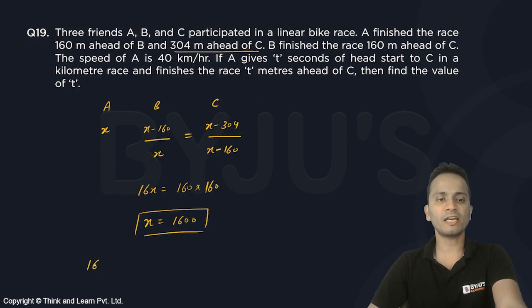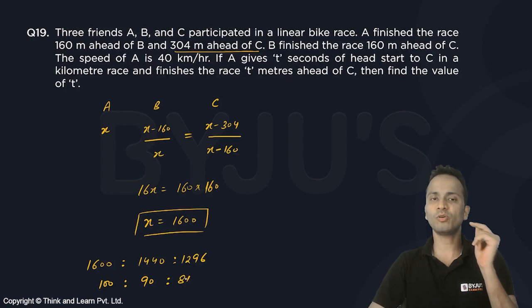So if A has traveled 1600, B has traveled 160 less than that, that is 1440. Okay, and I can say C has traveled 304 meters less than A, that is 1296. Okay, simplifying this ratio, this will come out to be 100 is to 90 is to 81.